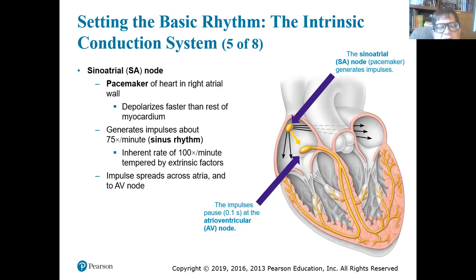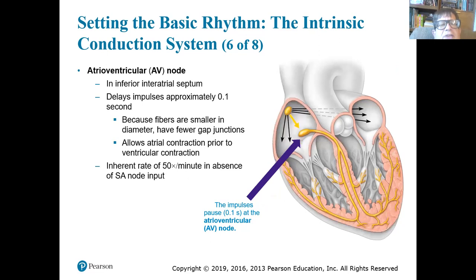It goes across the atria, goes to the AV node. It's slowed down there, it's delayed. The delay is on purpose, it's built in, it's natural. Why? Before our ventricles start to contract and push blood out, we have time for the atria to contract and push and top off the ventricles.